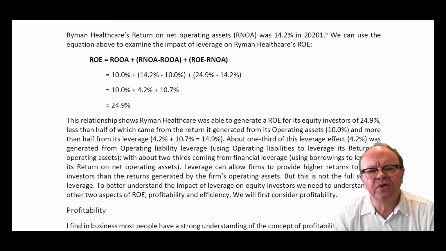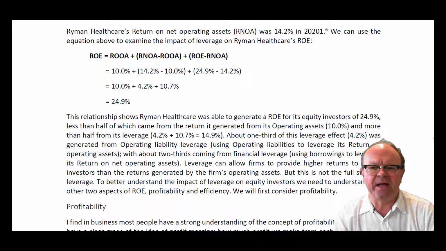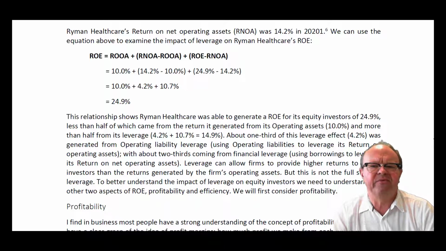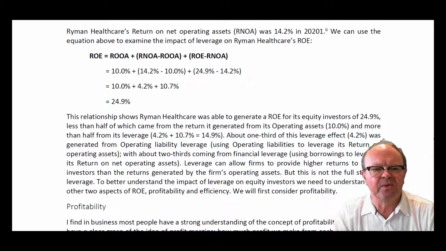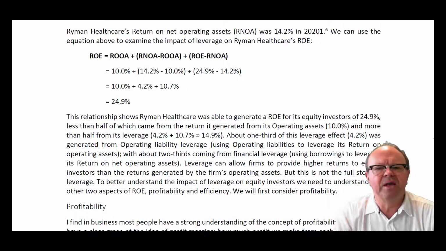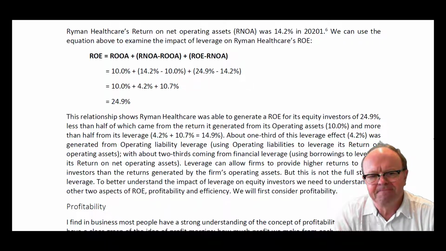Ryman Healthcare's return on net operating assets, RNOA, was 14.2% in 2021. We can use the equation above to examine the impact of leverage on Ryman Healthcare's return on equity. Return on equity equals return on operating assets plus return on net operating assets minus return on operating assets plus return on equity minus return on net operating assets.